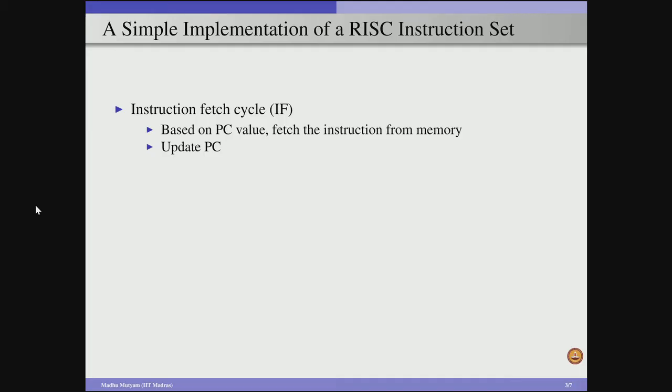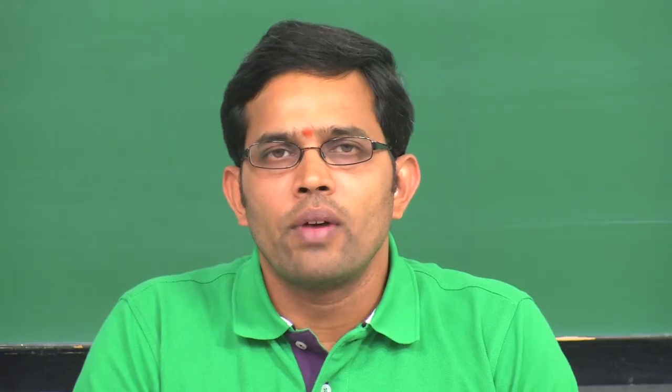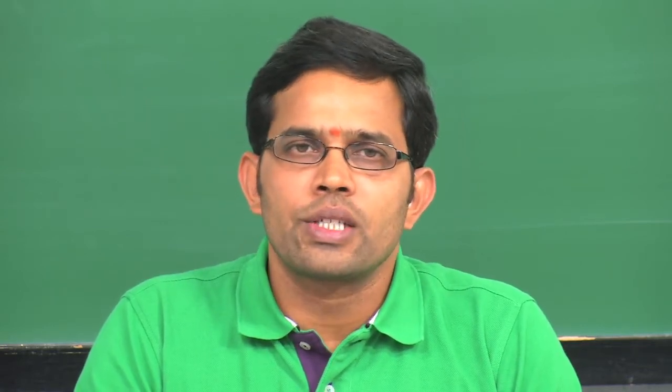So, our instructions are stored in the instruction cache, and the PC is the program counter which specifies the next instruction to be executed. Whenever we want to start executing an instruction, we first consult the PC, and the PC is going to specify an address, and based on the address stored in the PC, we will go to the instruction cache and fetch the instruction from the cache memory, or the main memory if you do not have a cache memory at all.